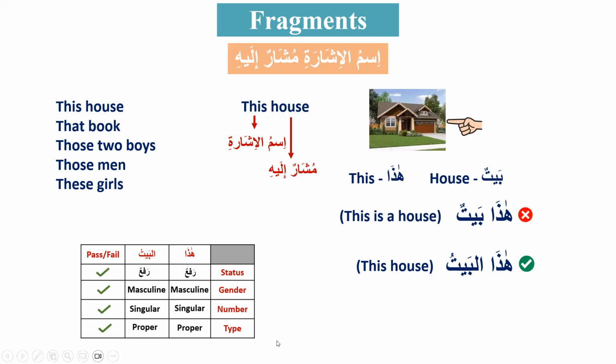So now all the properties are met. So can we call Haza Ismul Ishara and Al-Baytu Musharun Ilay now? Yes. Haza is Ismul Ishara anyways, but Al-Baytu will not be Musharun Ilay if they both don't meet the conditions of Ismul Ishara Musharun Ilay. All right? Okay, good.